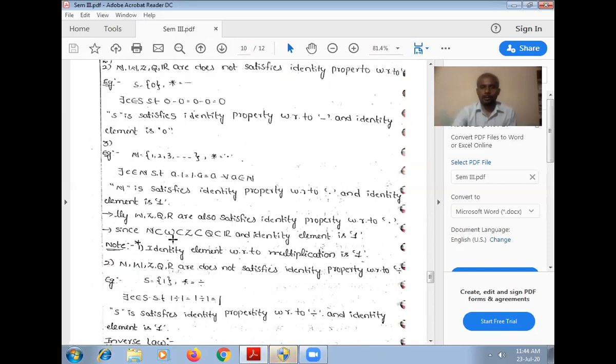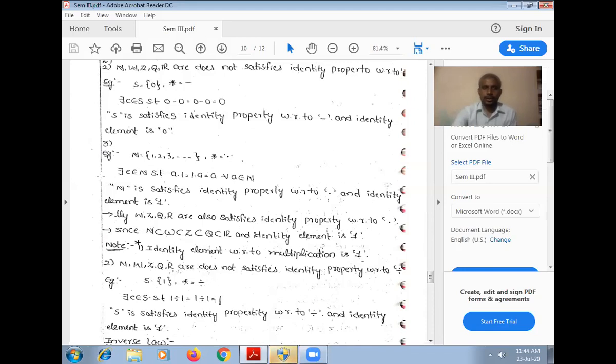Now I am taking the binary operation as multiplication. N equals 1, 2, 3, and star equals dot, or multiplication.